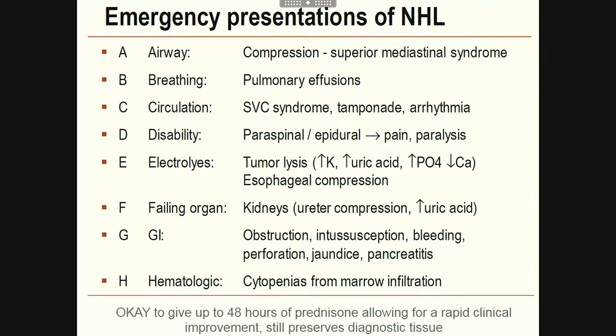So I mentioned this with Hodgkin's. Often this tends to be a more abrupt onset in non-Hodgkin's, where things are happening more quickly, but you can have compression of your airway that's causing issues with breathing either at baseline or especially because these are often in the anterior part of your chest when you're laying down. Gravity will push the lymph mass down onto your airway, and so some patients are sleeping on pillows because they can't lay flat, which can be problematic when you take these kids to the CT scanner.